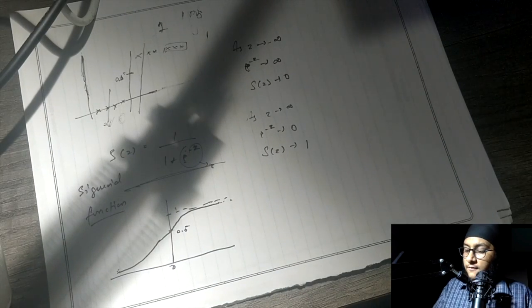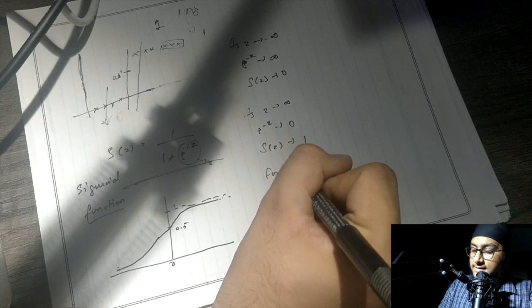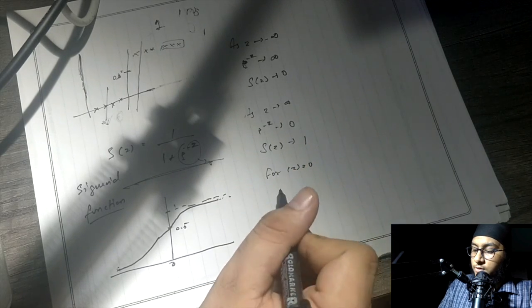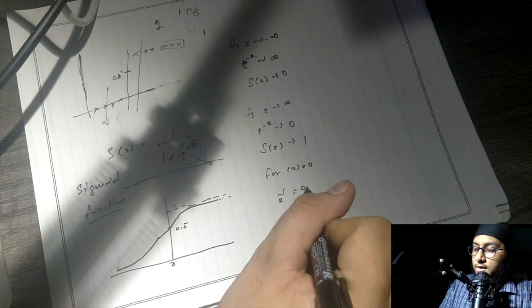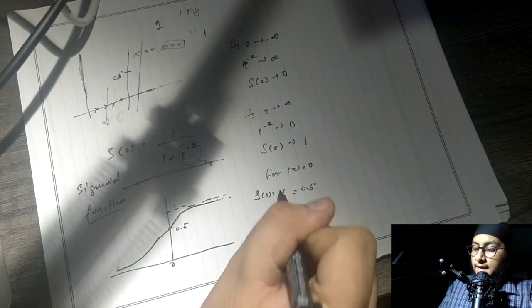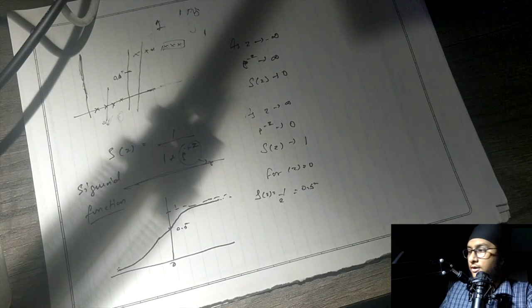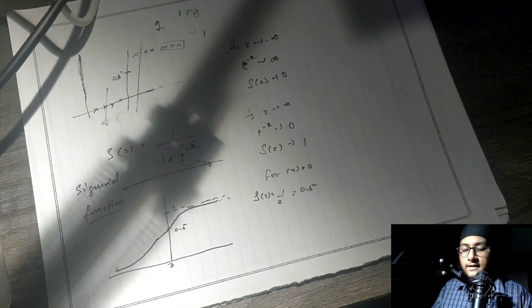As I marked the point, you might have guessed, for z equal to 0, S(z) would be 1 by 2, which is 0.5. I think it is clearly visible.